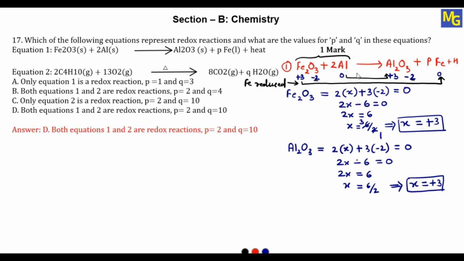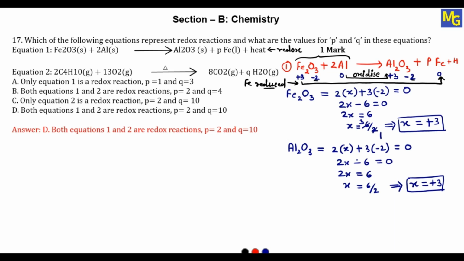So here aluminium has been oxidized. So here I'll write oxidized. So by this, what we can say is, in this reaction iron has been reduced and aluminium has been oxidized. So this is a redox reaction. So it is proved that this is a redox reaction. So equation 1 is a redox reaction.